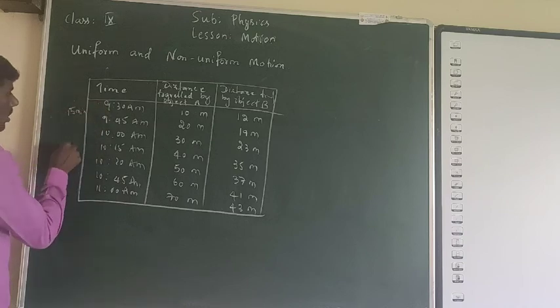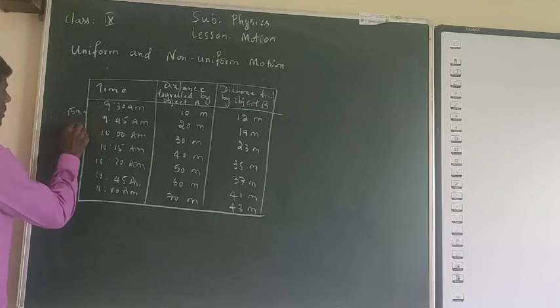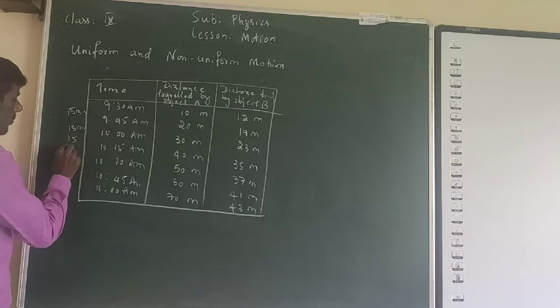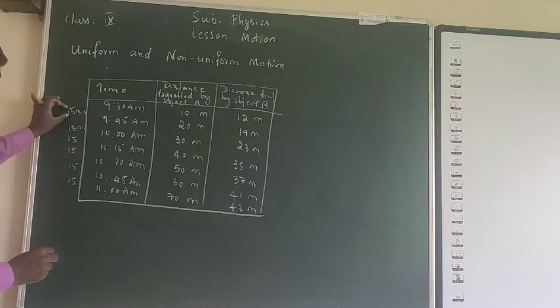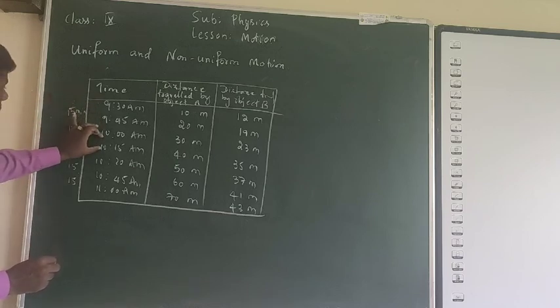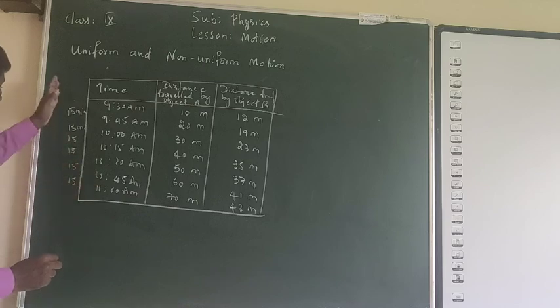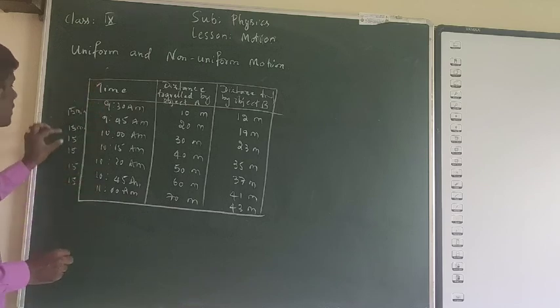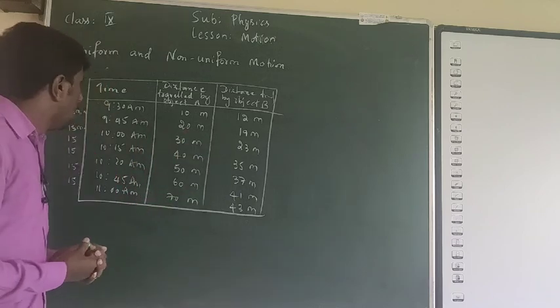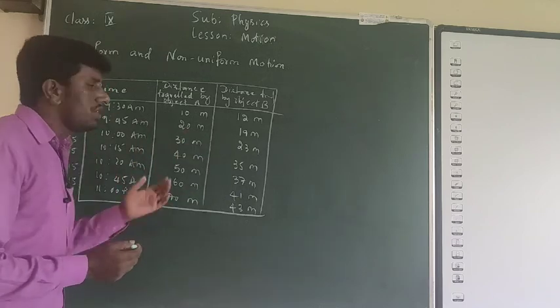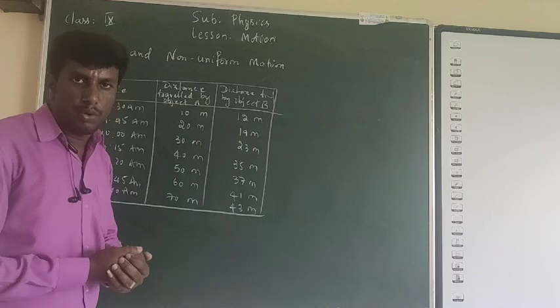Correct? 9:45 to 10, 15 minutes. 10 to 10:15, 15 minutes. 10:15 to 10:30, 15 minutes. In all the cases, the difference will be 15 minutes. So it is equal interval of time. Now, I need to find out which is uniform and which is non-uniform motion.